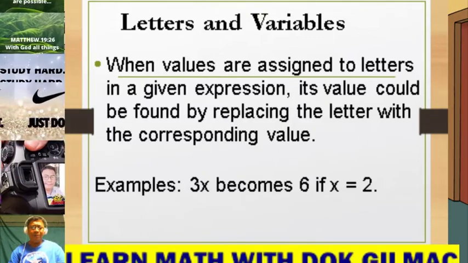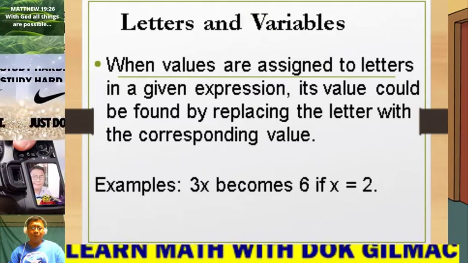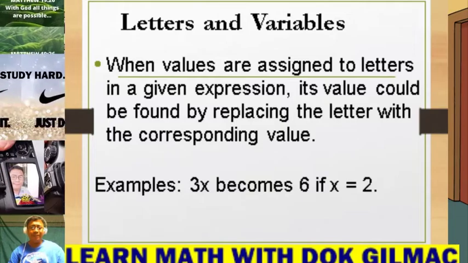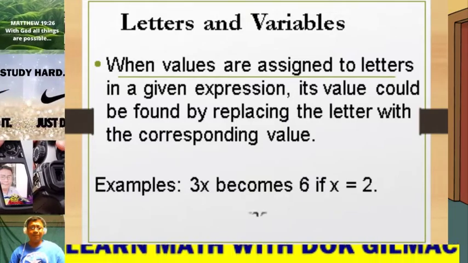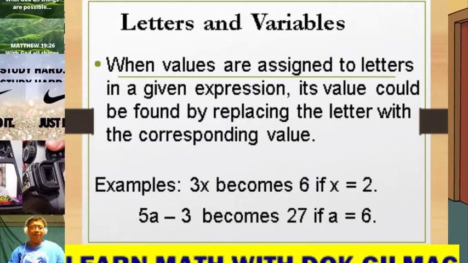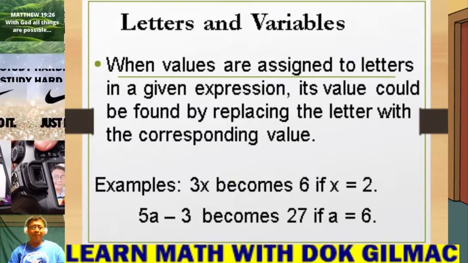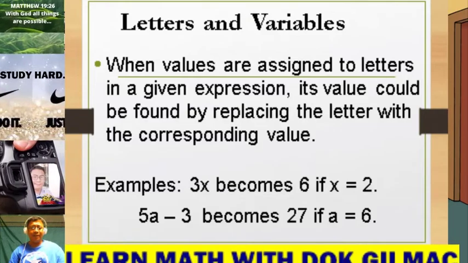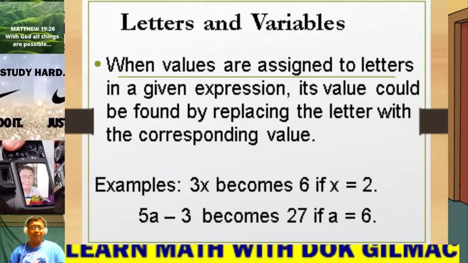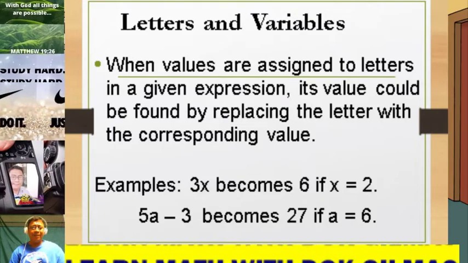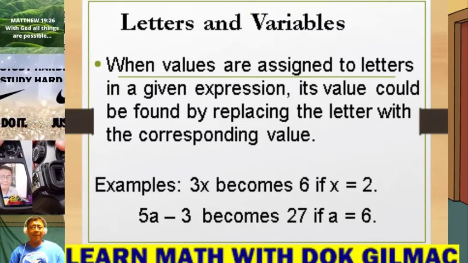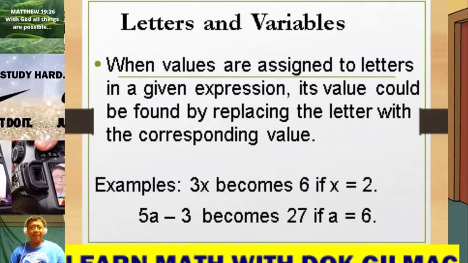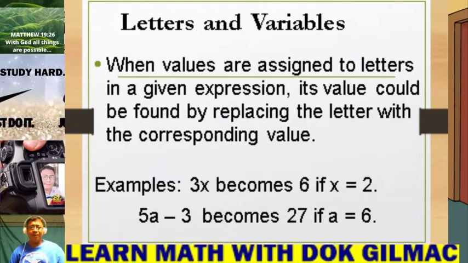If you substitute 2 for x, we have 3 times 2, which is just equal to 6. 5a minus 3 becomes 27 if a is equal to 6. Again, replace a with 6, so we have 5 times 6 is 30, minus 3 is just equal to 27. So take note of that.